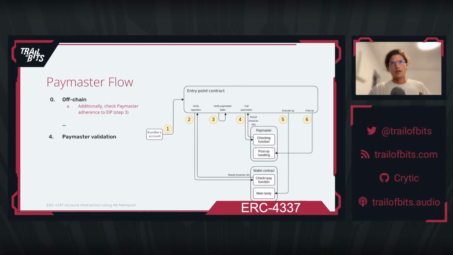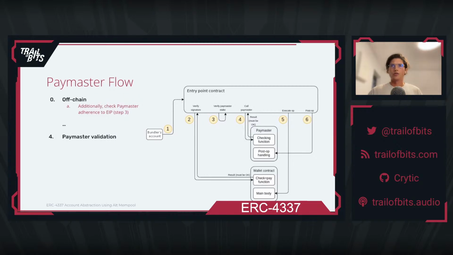Then similar as before, I'll just go through it again. The user op gets picked up by the bundler. The bundler sends the bundled user ops into the entry point contract, which then verifies that every individual wallet can execute these user ops.